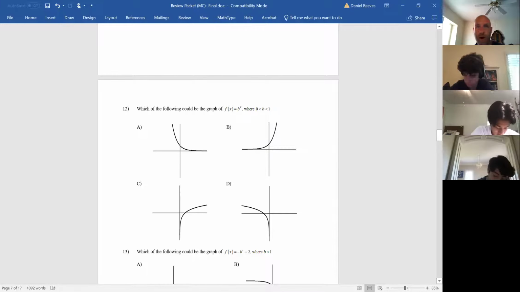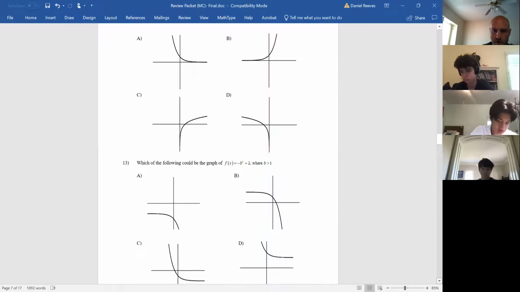And you're right, for part B, that looks like exponential growth. For part A, that looks like exponential decay. And C and D are actually both logarithmic. So those are related, of course. I have to remember which computer screen I'm using here.